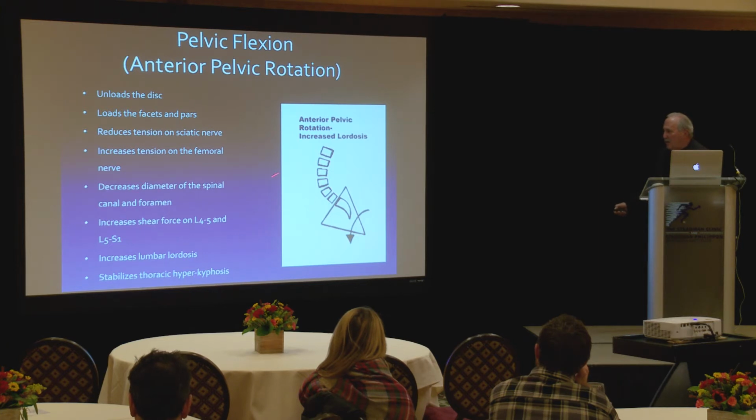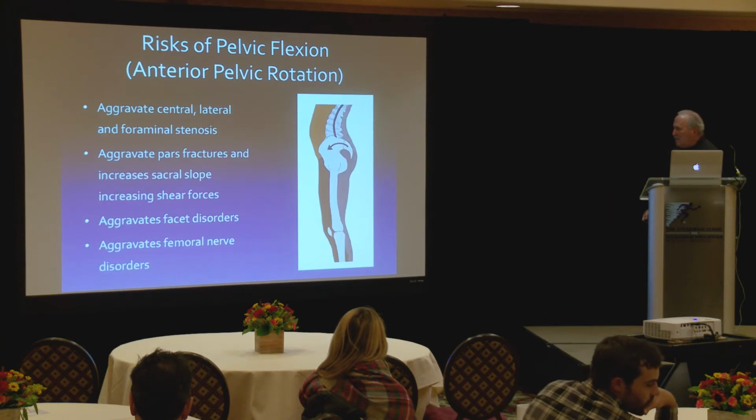So when you bend backward, you decrease the diameter of the spinal canal and foramen, right? So what happens to stenosis patients? They get worse. They don't like that. They want to have their spine flat. It increases the lumbar lordosis, but it does stabilize a thoracic hyperkyphosis. So if you've got somebody with a big thoracic curve, you want to teach them how to do this.